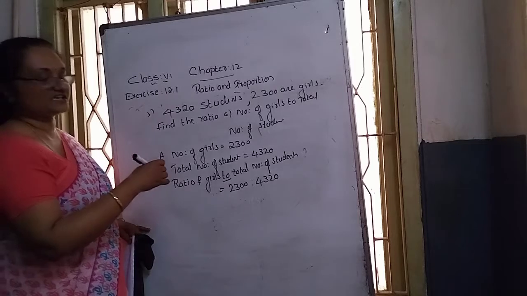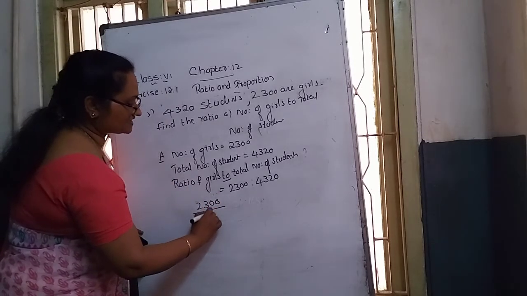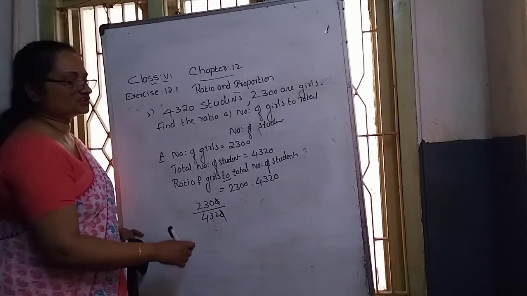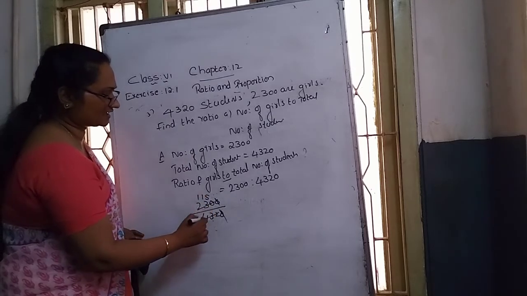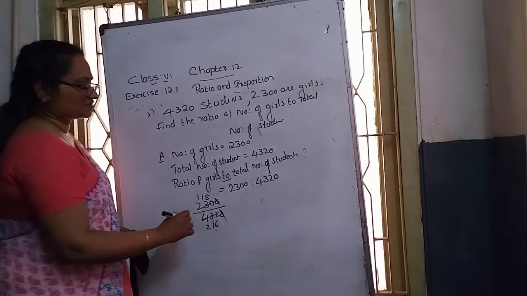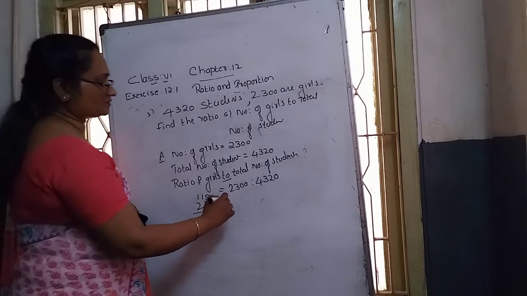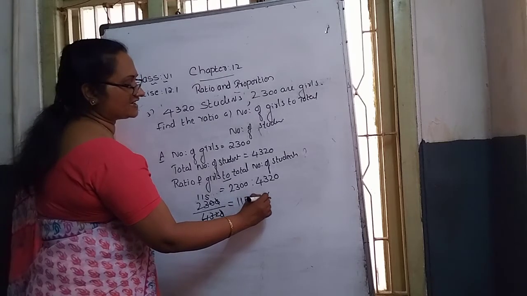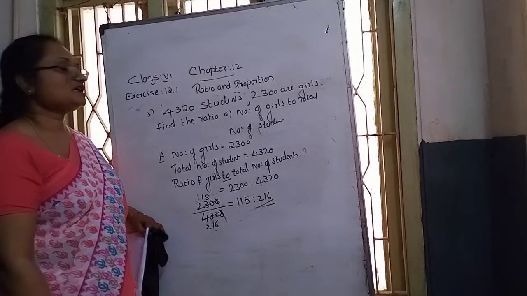Next write as a fraction, 2,300 over 4,320. Cancellation is possible: 230 over 432, use the 2 table to cancel, 115 over 216. Again 2 table is not possible. So 115 is to 216 is the ratio of girls to the total number of students.